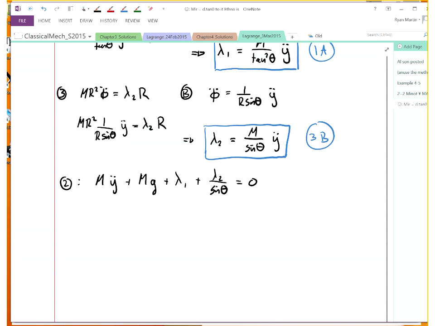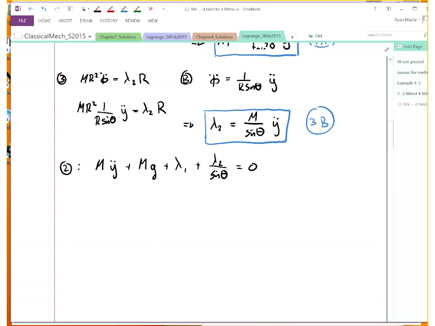Alright, so now I know lambda 1 and lambda 2 in terms of y double dot, right? So when I plug them in, I'm going to have an equation for y double dot. That was the goal, and that's not going to depend on lambda 1 and lambda 2 anymore. Let's go ahead with that.